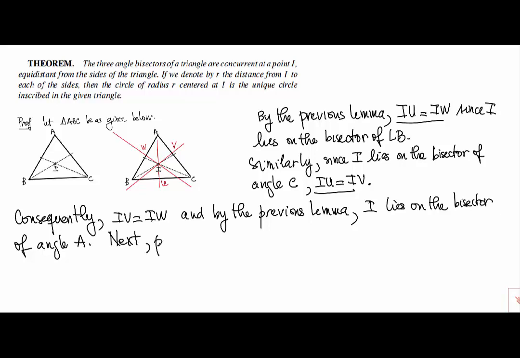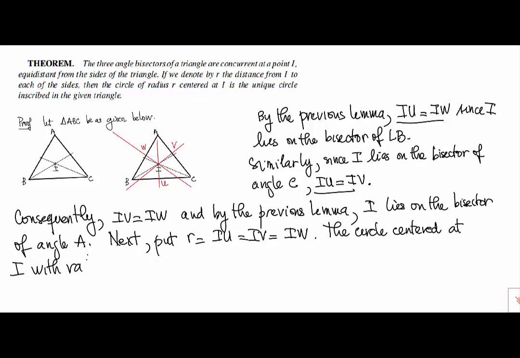Next, let's put R to be equal to IU, which is now of course IV, which is also IW, and the circle centered at I with radius R is the incircle.